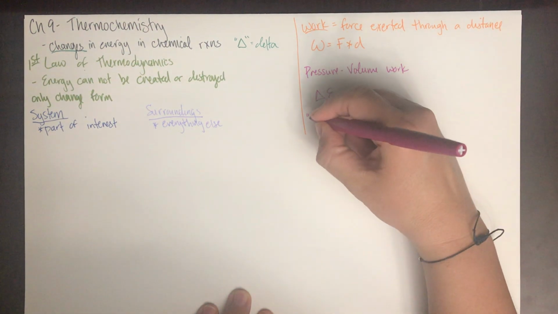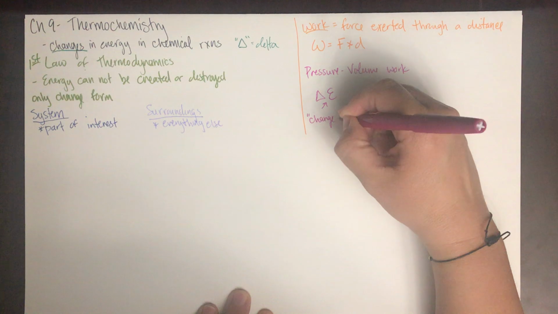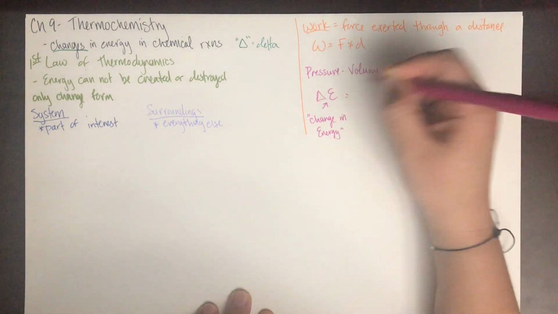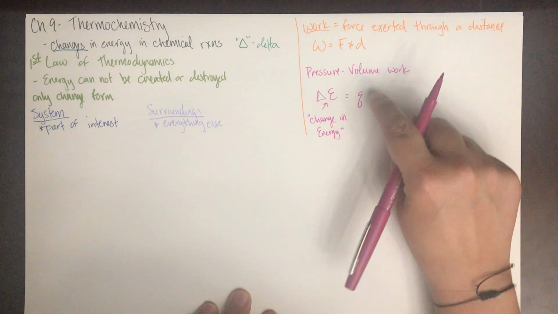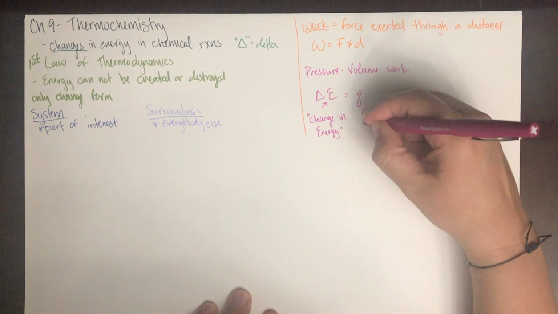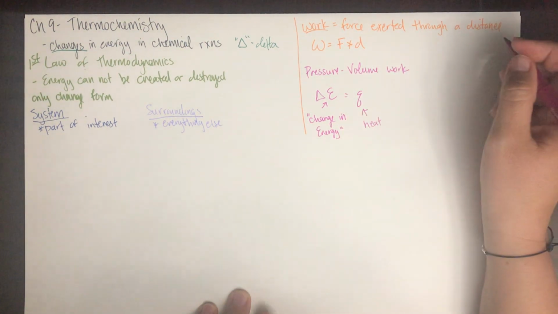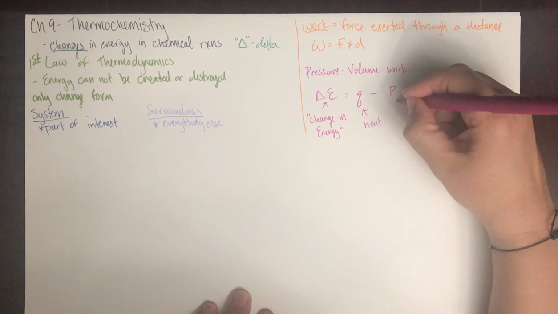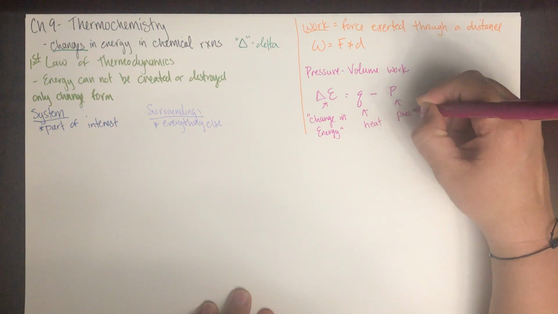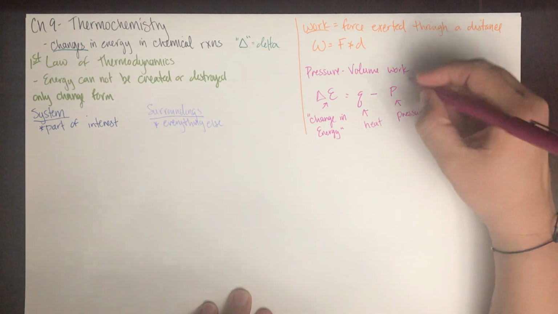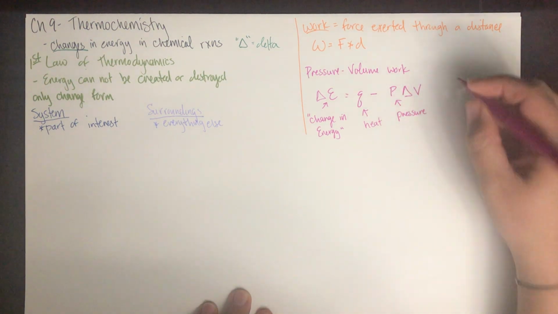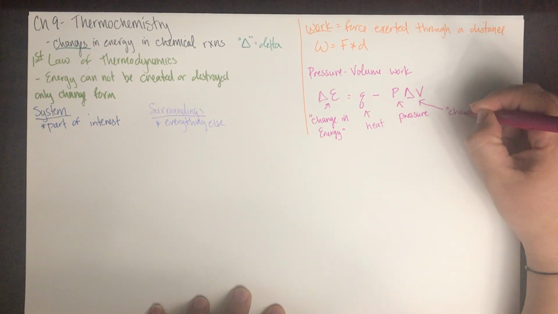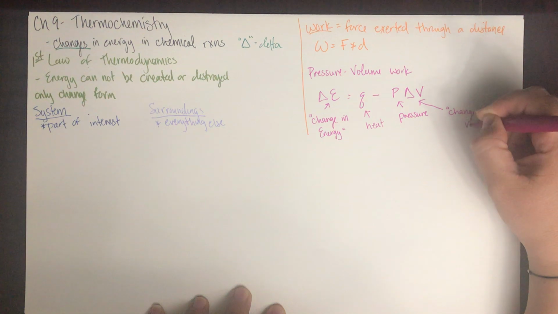I would literally say change in energy equals Q, which we haven't defined yet, but we're going to see that that is the heat of the reaction, minus P, which is the pressure, times the change in volume.